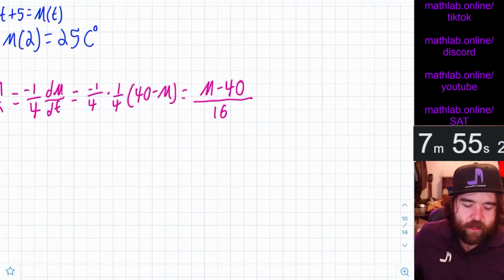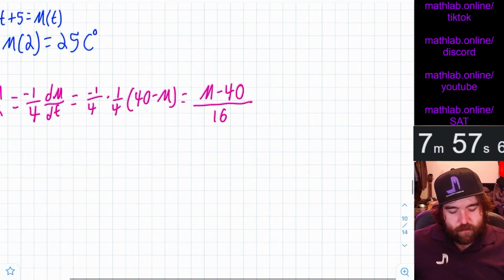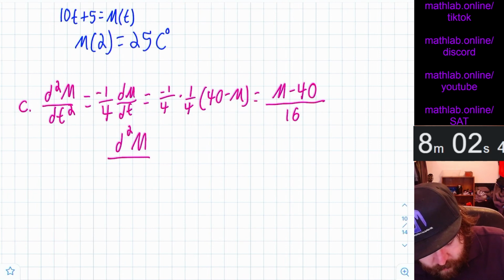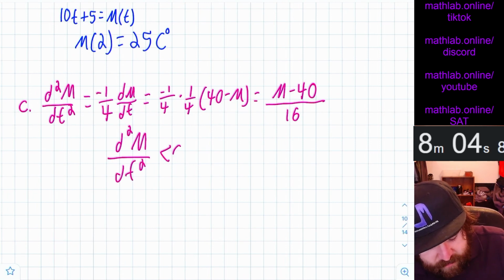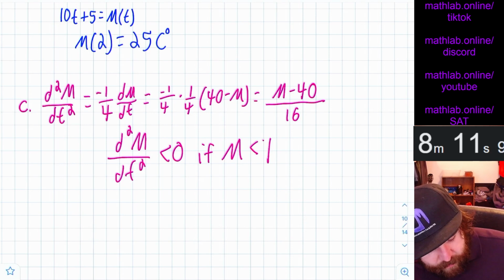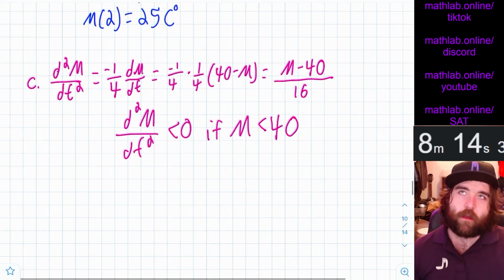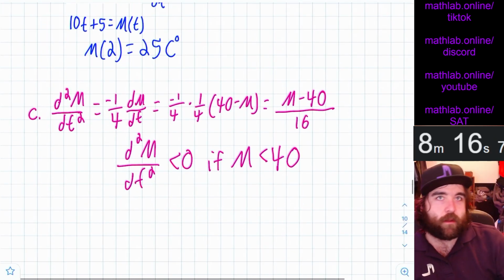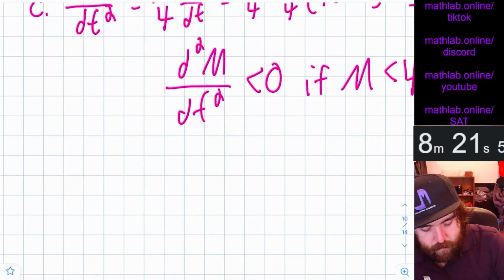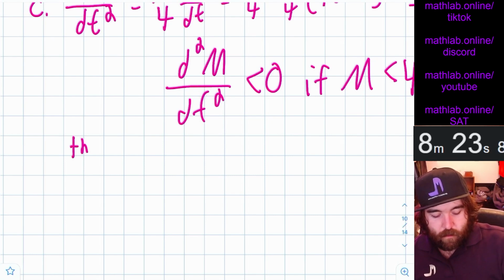So we have to say that it's negative from 0 to 40. So we have to say that d squared m over dt squared is less than 0 if m is less than 40. And then we say that therefore it's an underestimate.